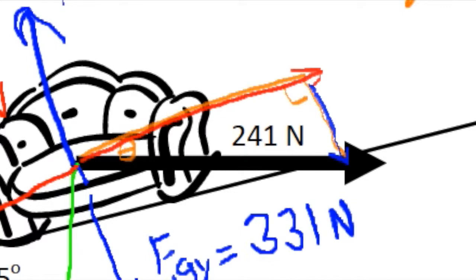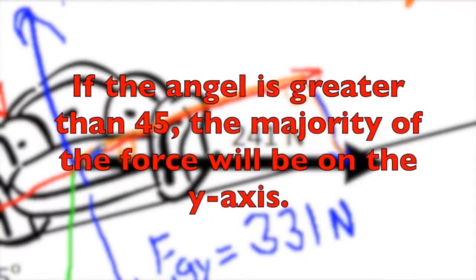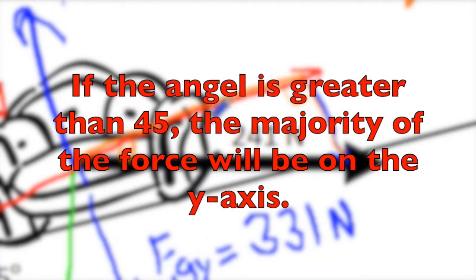But if you use logic, if I'm pushing something at an angle of 21.5 degrees, it means it's a pretty shallow angle. Okay, so the majority of the force is going to be going on the x, towards what we would consider the x. And you can see here even scale-wise. So as long as I punch in the numbers, and I take this 241, because that's my hypotenuse right there, let me go ahead and label all that.